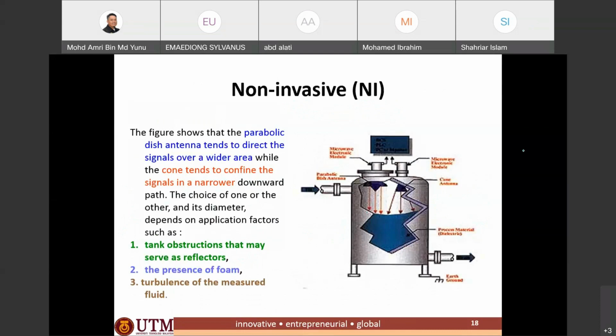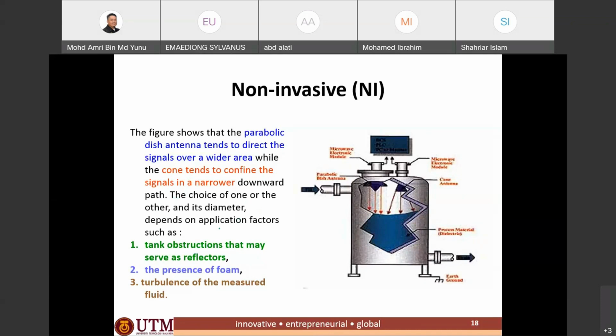This figure shows two different types of source for the microwave signal. One is parabolic and the second one is the cone. Basically, the parabolic dish directs the signal to a wider area, while the cone confines the signal in a much narrower path.